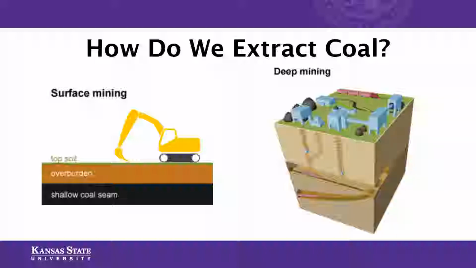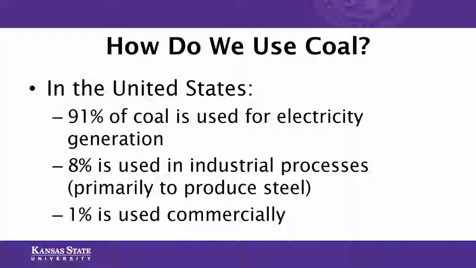And it makes me claustrophobic, and my anxiety increases just thinking about going down those elevators and riding in those little tunnels. And then they use machines underground to dig out the coal, which you can imagine can be quite dangerous if safety regulations aren't being followed. So that's the two ways to get coal out of the earth.